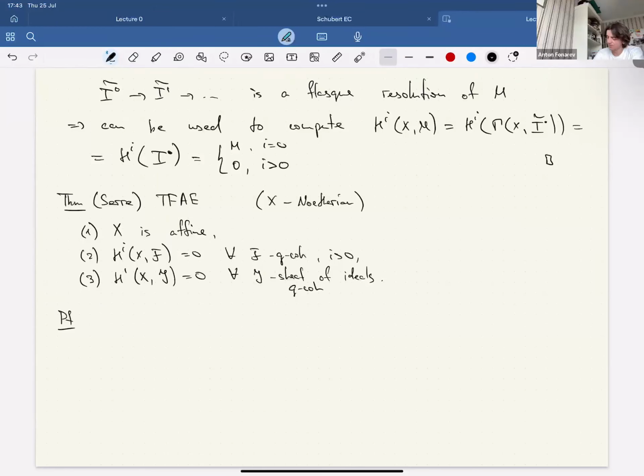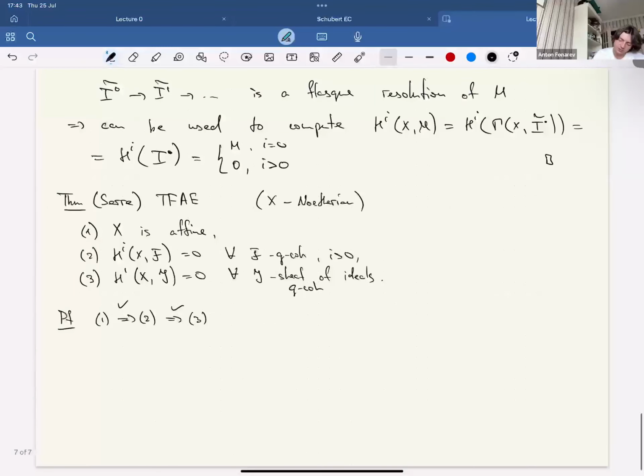All right. So here is the proof. Well, 1 implies 2. We've just checked in the previous proposition. 2 implies 3 is trivial, because if all higher cohomology vanishes for all quasi-coherent sheaves, then in particular, first cohomology vanishes for all quasi-coherent sheaves of ideals.